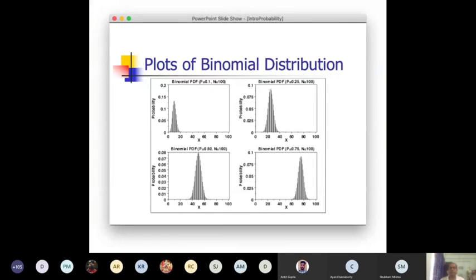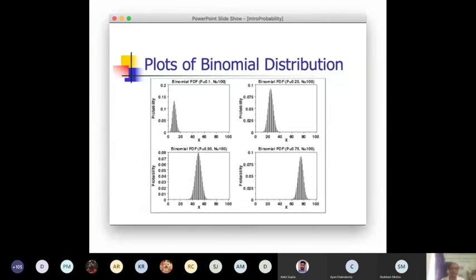Some of the plots of these distributions: if you look at this distribution, around the value of expectation, the distribution is maximum at the expected value, and then around that value it decreases.